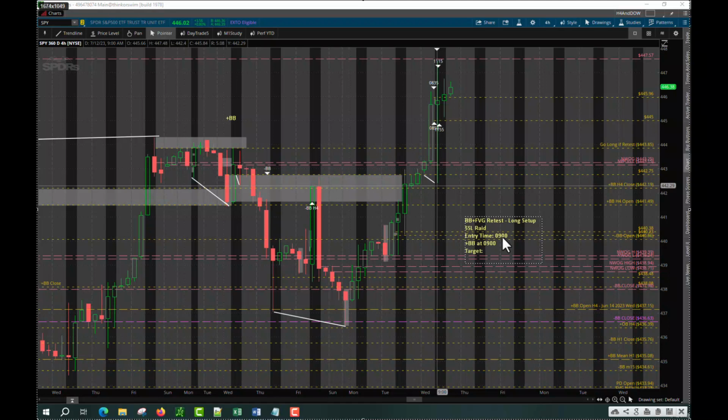Okay, target is a $1 move. That's it. That's our target. We don't have a fixed target, but it's just our objective target, not dependent on the price movement in this case.